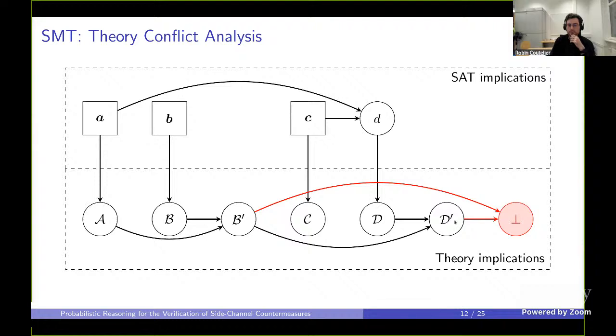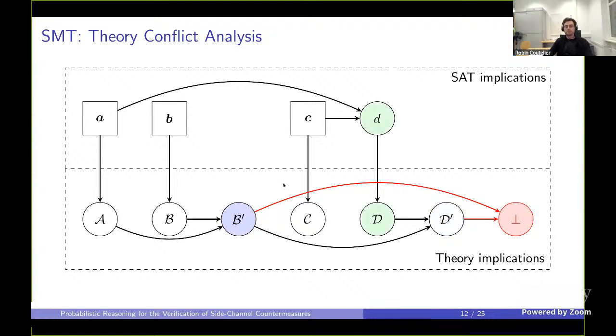But the problem is the conflict is between D prime and B prime, of which the SAT solver is not aware. It does not know what those mean. So we have first to do conflict analysis. What is this? Basically you go back and you say, why did you think that? Why did you conclude that? And you do this until you reach atomic elements, which a SAT solver may understand. So for example, D prime was implied by D and B prime.